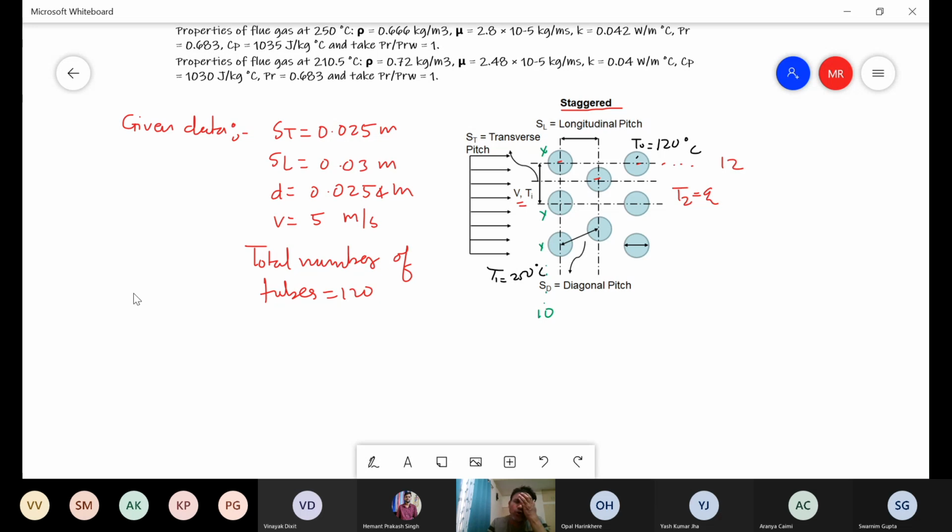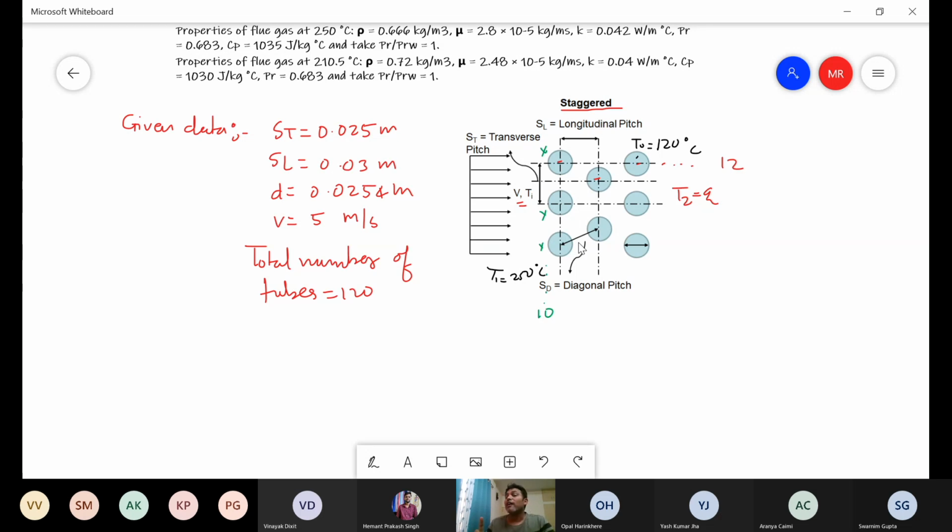Again, one more thing to note down here is that under normal circumstances, whenever we are solving a forced convection problem, in general the average temperature has to be used between the two extreme ends. So two extreme ends are what? T1 and T2. So between T1 and T2, we have to take the average temperature. So that is for forced convection.